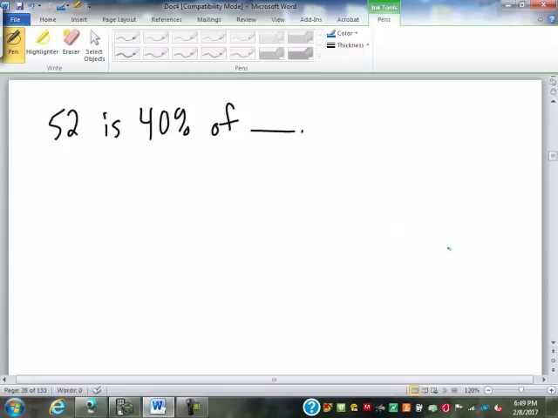So on this one, it's a little bit different. 52 is 40% of blank. We will still start out with a percent. 40% is 40 out of 100. This time, however, it says 52 is 40%. That implies the 52 matches up with the 40. Of blank, think of that as out of blank, implies our missing number is on the bottom there.